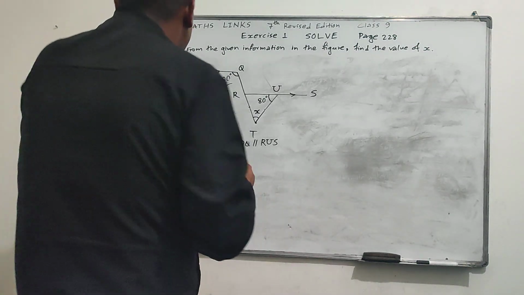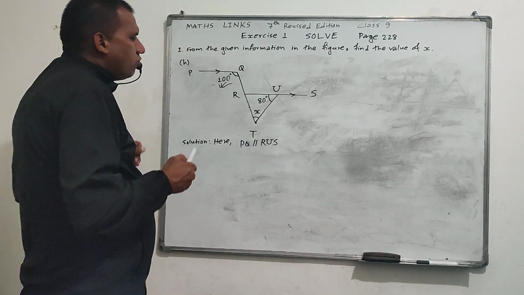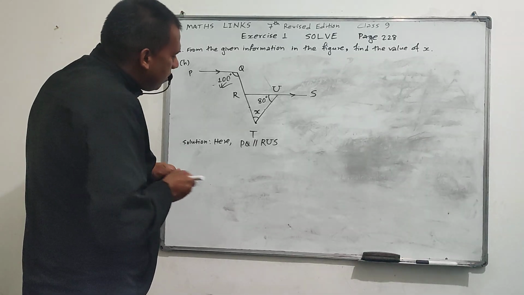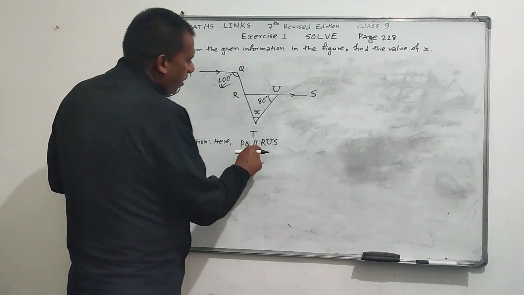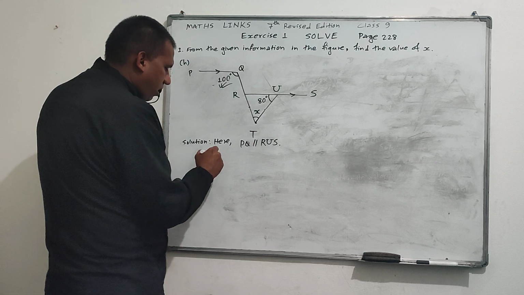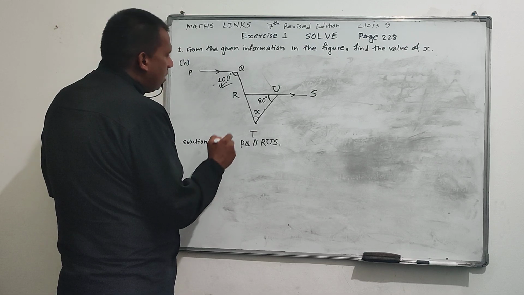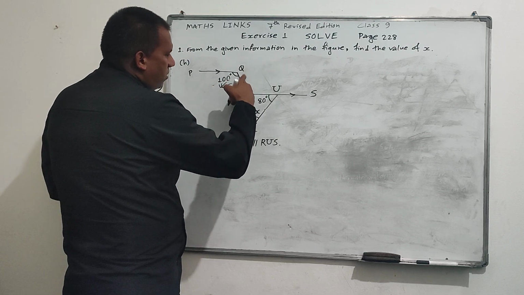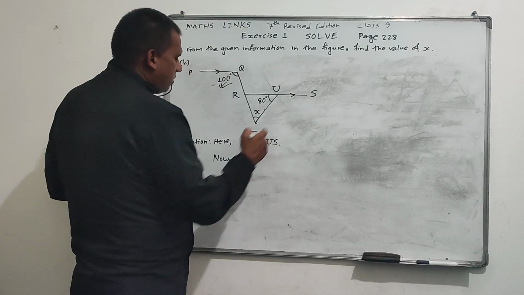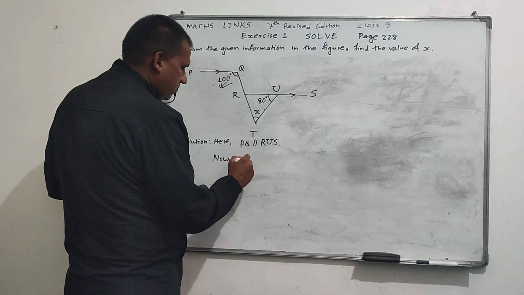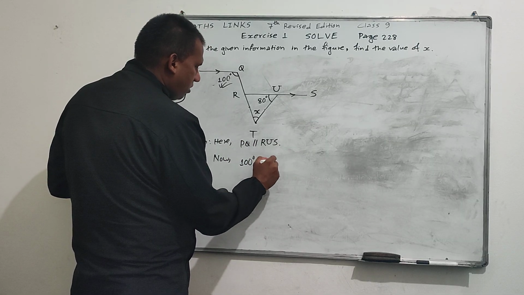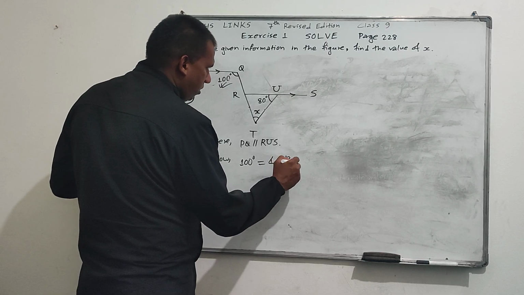Again, we can do this question without construction. Here PQ is parallel to RUS, this is given. Now 100 degrees equals angle QRS.